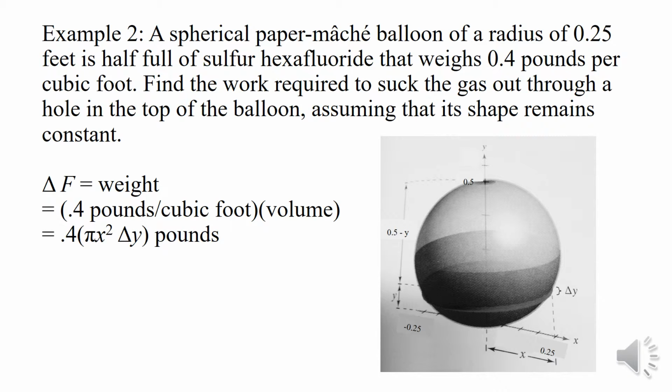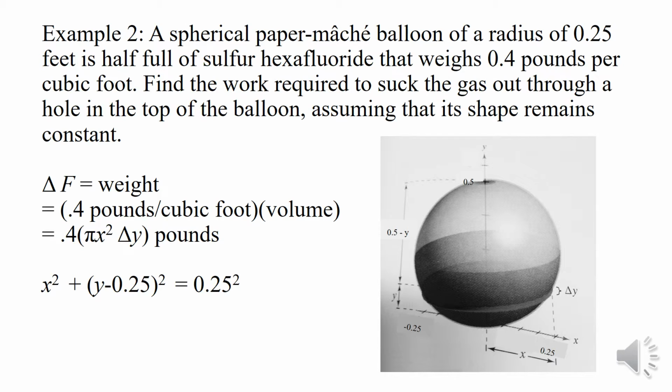Using the disk method, we can divide the sphere into small cylinders so that the volume of a cylinder is pi x squared times change in y. Therefore, the force is 0.4 times pi x squared times change in y. We then find the equation of the circular bases of the cylinders. The formula for a circle is x minus h squared plus y minus k squared equals r squared.